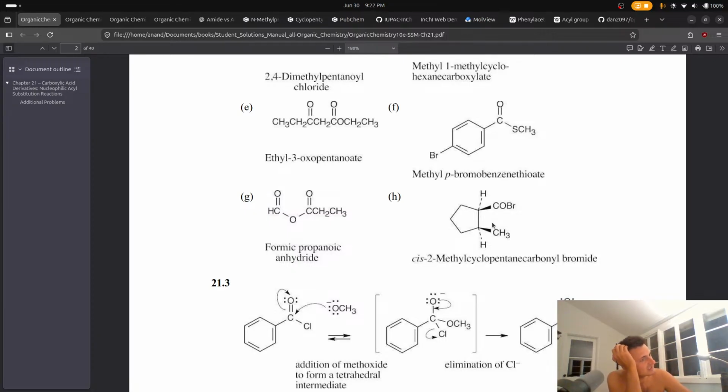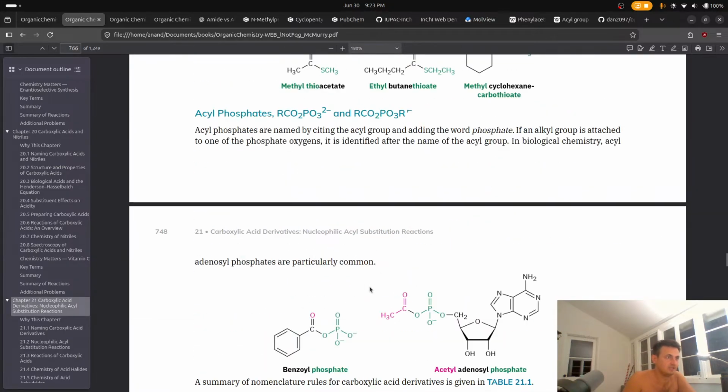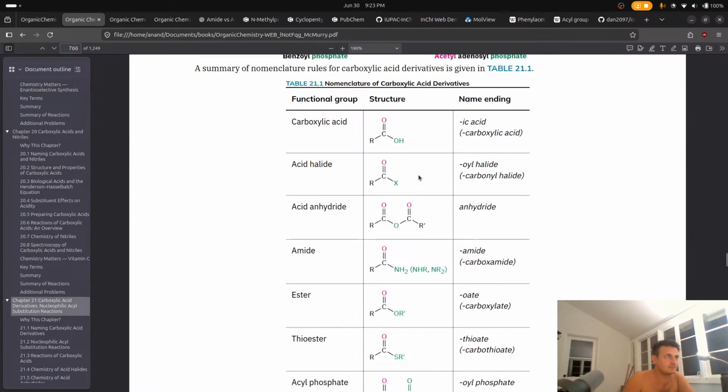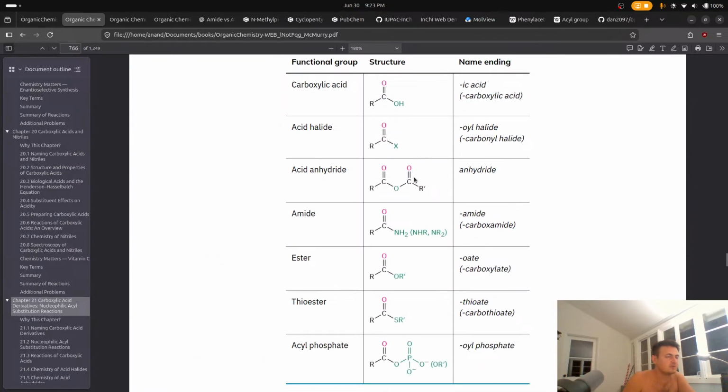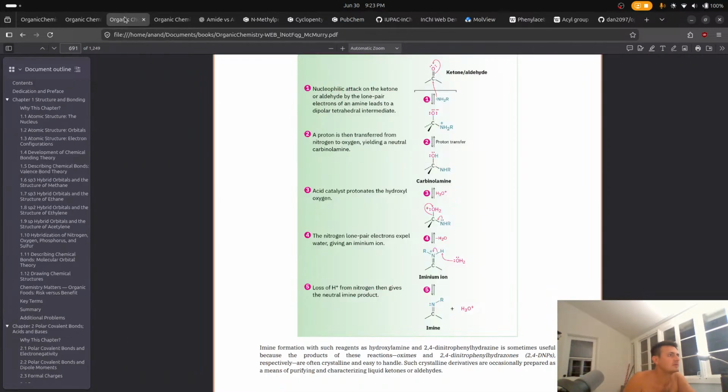I think that's if you're naming the acyl group. Let's see. We just went up and looked. Is this what I'm looking for? I think it might have been in chapter 20.